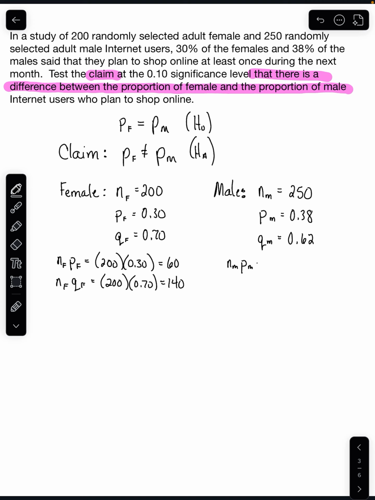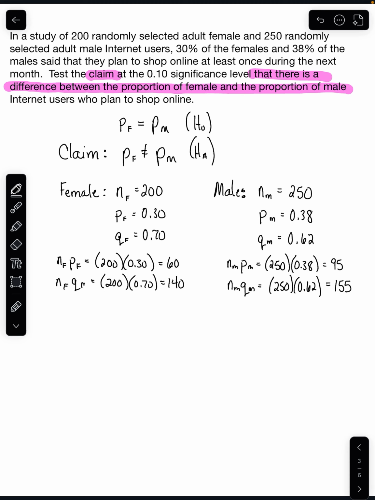It should be pretty obvious from the size of these numbers that our products will be quite sufficient. We have 95 for n times p, and for n times q, 155. Certainly, all of these are quite well above the threshold of 5.